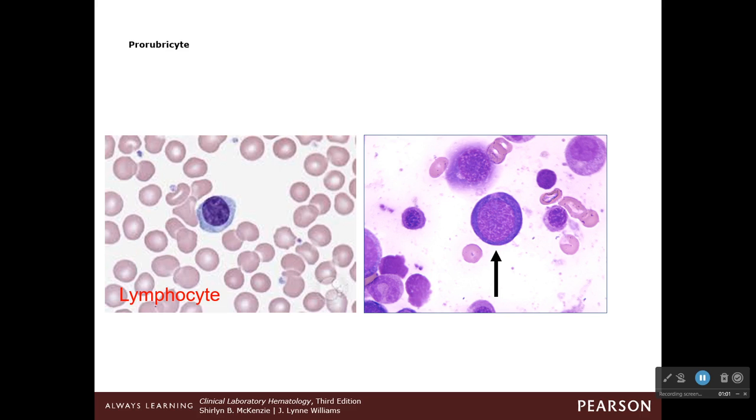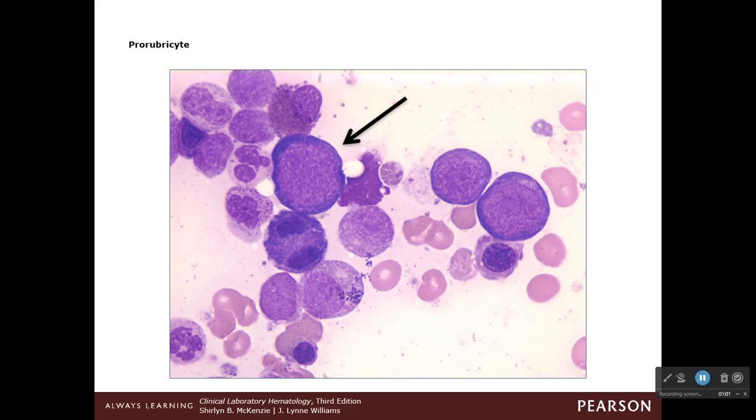Questions about that cell? All right, same here. Now this one right here, I put up there for illustration. This one I would call the prorubricyte, the basophilic normoblast, because the nucleus has gotten smaller. Even though the cell is larger, we're looking at that N:C ratio, and in this case we've got more cytoplasm around than we do nucleus.